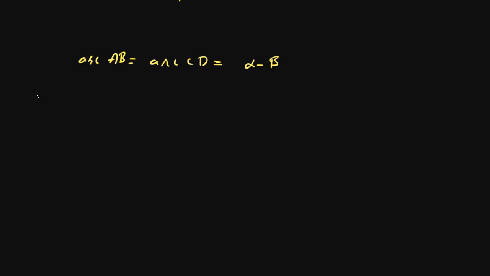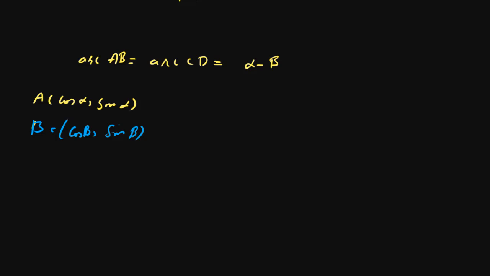Now what is A? A is cos of alpha and sine of alpha. And what was B? B is cos of beta and sine of beta.